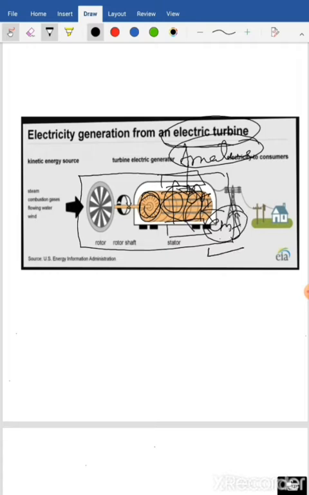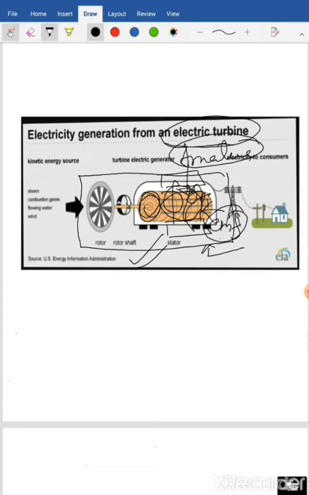About this we will do in the next chapter called electromagnetism. Okay, so now basically we are just trying to understand how electricity is generated. So electricity is generated in an electric turbine, or we can say a generator.